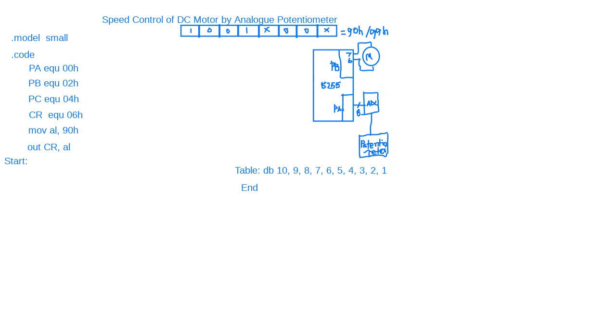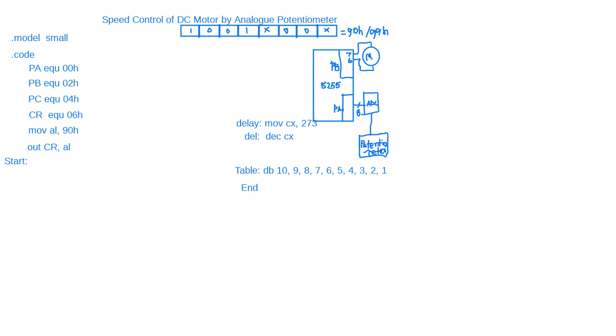So 273 for the machine that we use. Okay, and then increment CX, jump not 0.